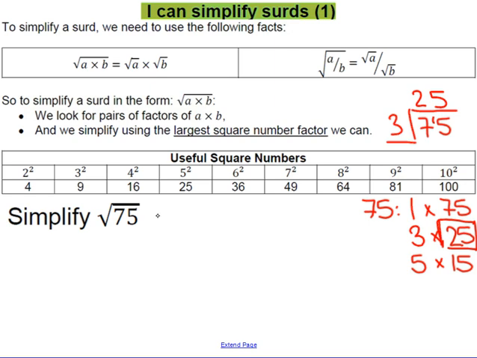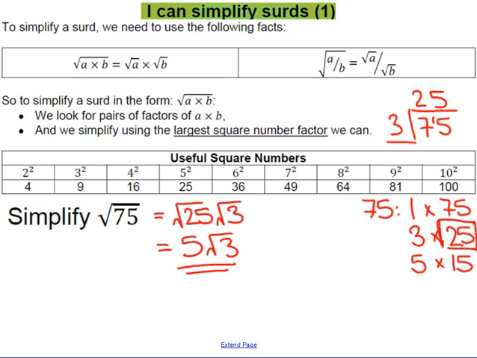So the square root of 75 simplifies down to root 25 multiplied by root 3. I can simplify root 25 down to 5, so the square root of 75 is equal to 5 root 3, and that's my final answer.